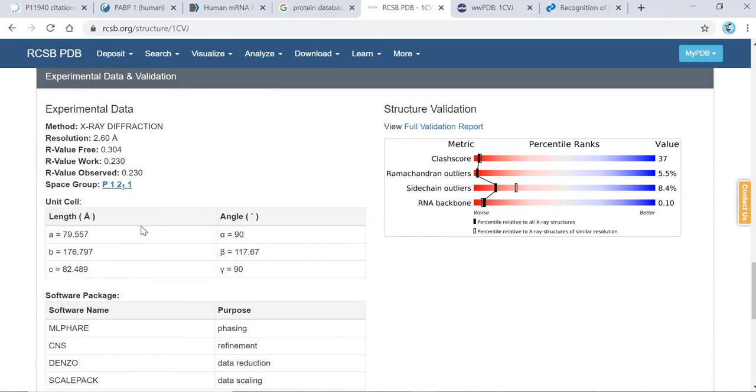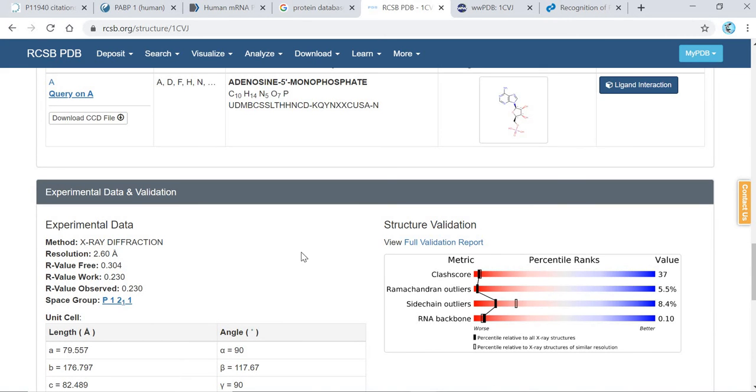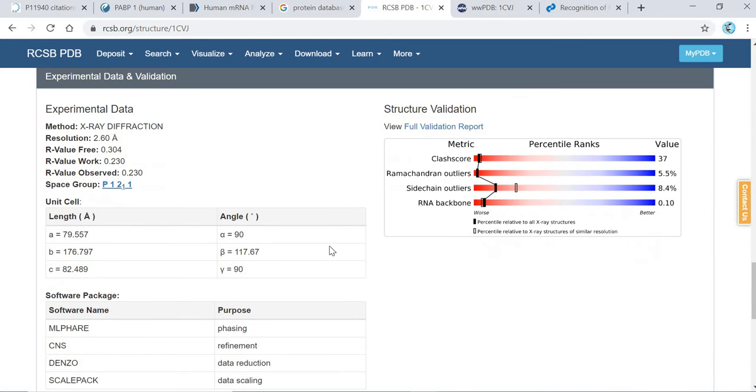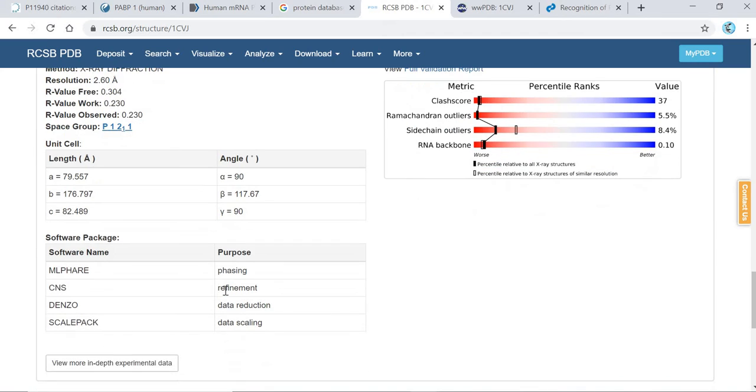So, what are the other pieces of information here? Here there is experimental data that they show.